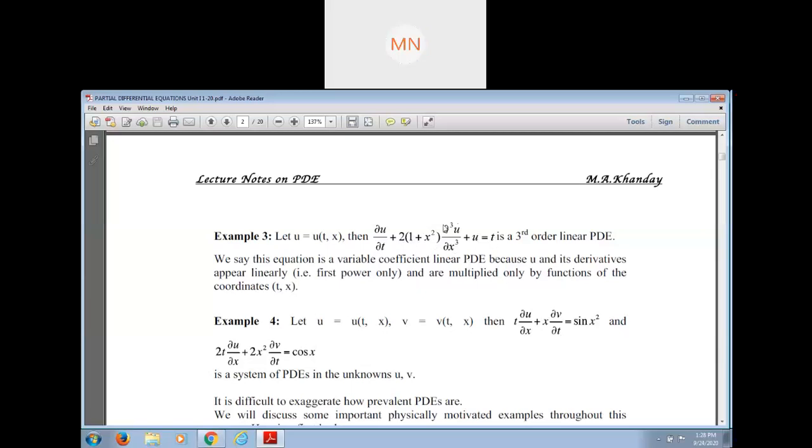Then see the highest power of the derivative. The highest power of the derivatives is called the order, and degree is the highest power of the highest derivative. Here the highest power of the derivative is 3, and the highest power of this derivative is what?